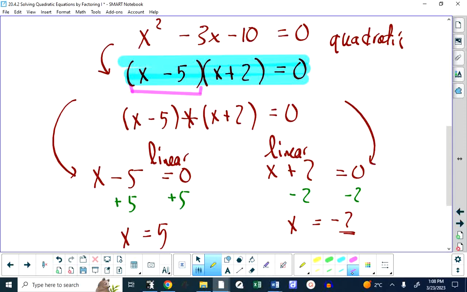So if x minus 5, if that factor is 0 and it's being multiplied by x plus 2, then the product will be 0. If I say what value of x makes this 0, well, the answer is negative 2. So when x is negative 2, that whole factor is 0 multiplied by the other factor, which quite frankly I don't care what it is at that point, because it's going to be 0. Are you catching my drift here? Okay.